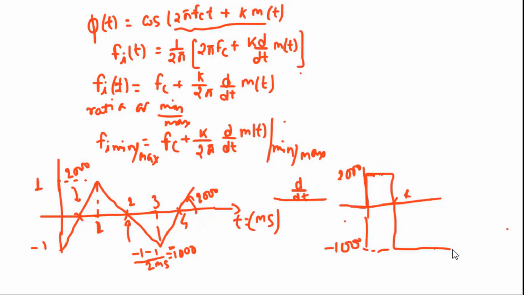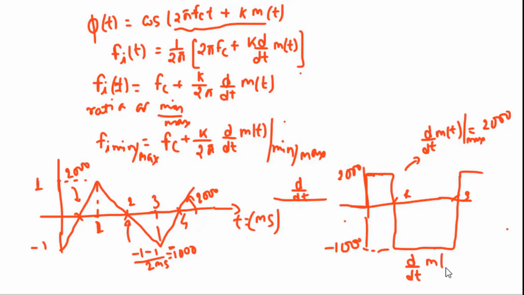Similarly, you will get a step signal at 3, and so on. So here you can see that when you differentiate this message signal m of t, the maximum amplitude of d by dt of m of t is 2000, and the minimum is minus 1000.